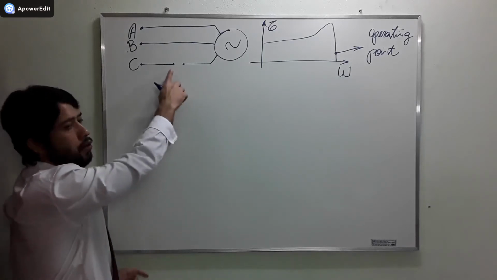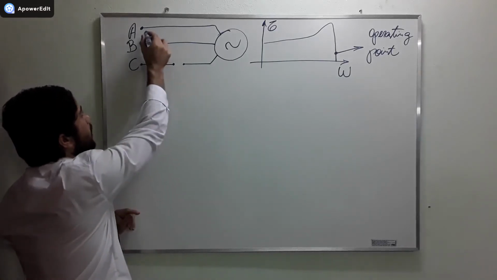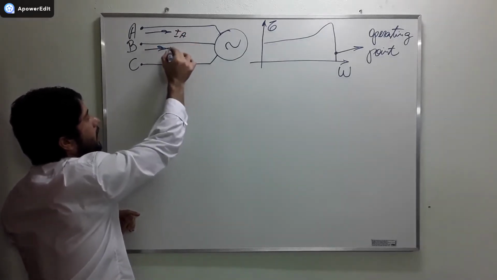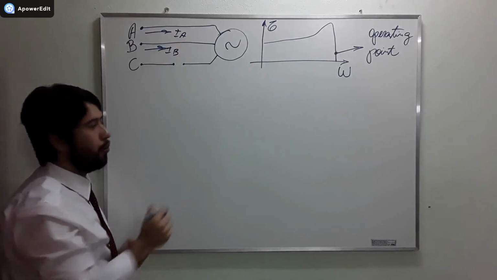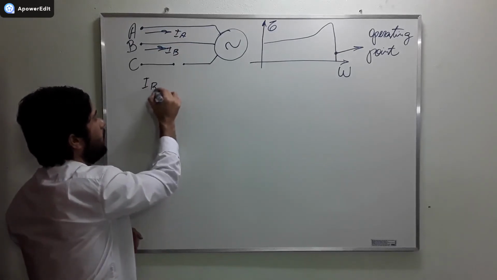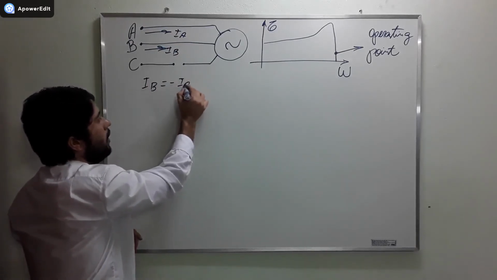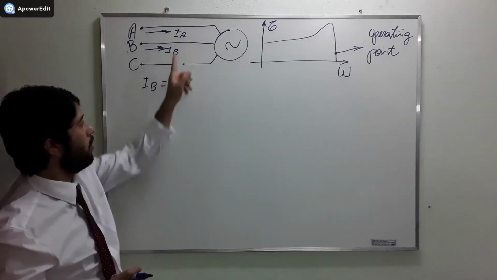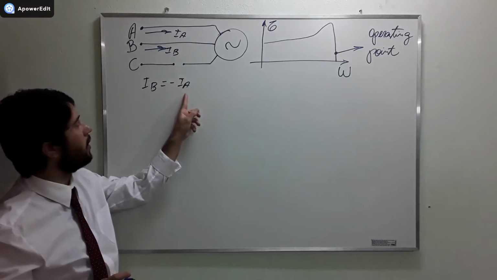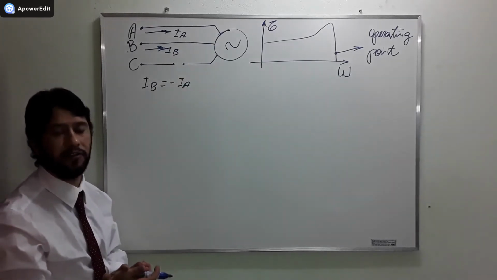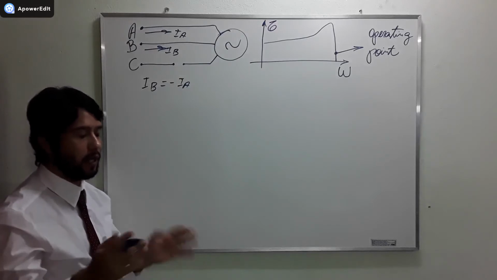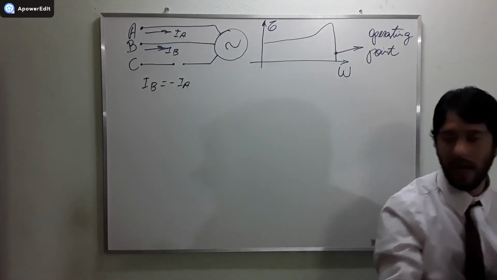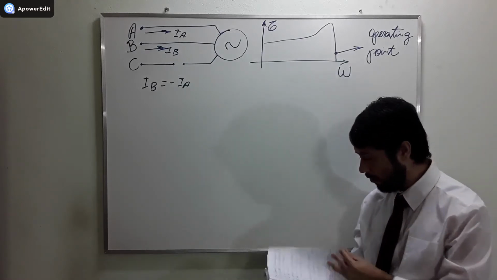But if I lose phase C and I have only currents IA and IB, we can prove that IB is going to be the negative of IA. Then IB is going to be the return of IA, and the motor is behaving as a single-phase motor. Okay, this helps us understand what's going to happen after we lose one phase.